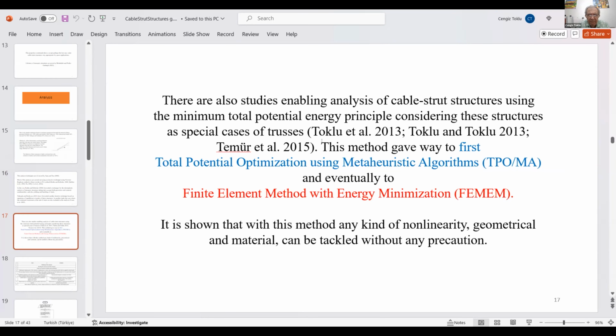But we have another technique which we have applied for solving these types of structures. This method gave way to the first total potential optimization method using metaheuristic algorithms, and then in the second approach that gave way to the finite element method with energy minimization.